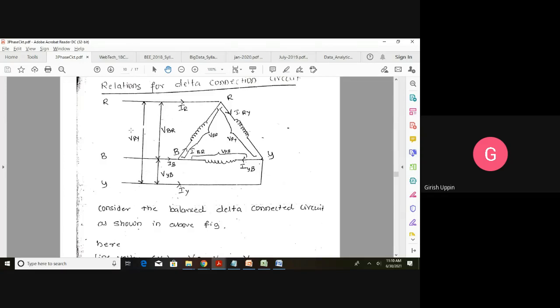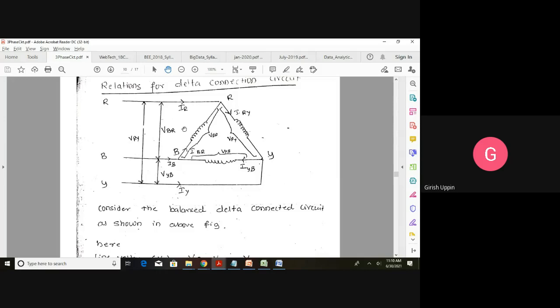Here, very important is marking the current. Now this is R, B, and Y. IR is the line current. So R, B, and Y are the terminals. The current that is entering is a line current. We already discussed, IR is IL.